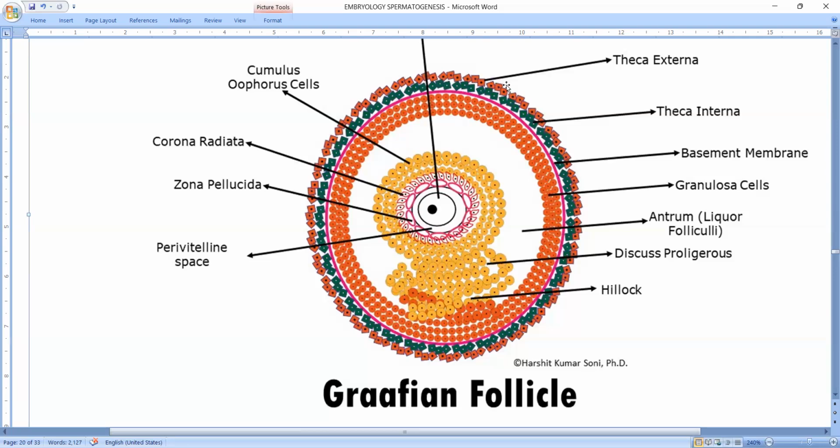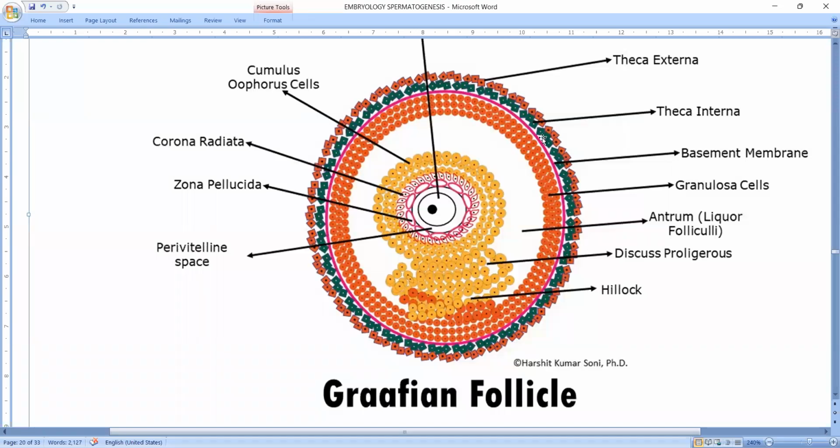There is an outermost layer surrounding the follicle, which is part of the stromal cells. They are fibrous in nature. The outermost layer of the follicle is called the theca externa, and this green cell layer is the theca interna.